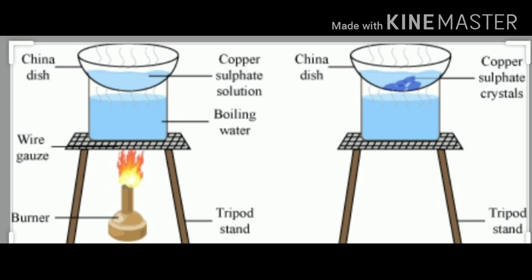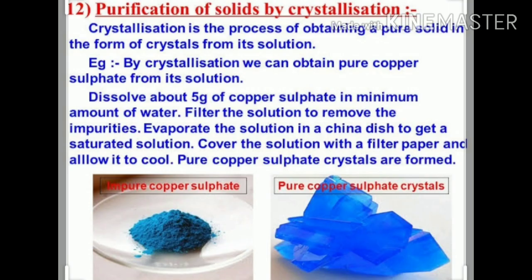Now extinguish the burner, keep the china dish on the table and cover it with filter paper. Leave it to cool for a day, and next day, what will you observe? You will find that crystals of copper sulfate have formed. This is how pure copper sulfate can be obtained by the crystallization process from the impure sample.